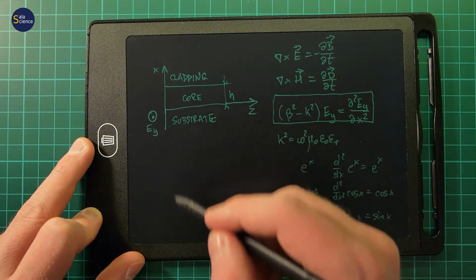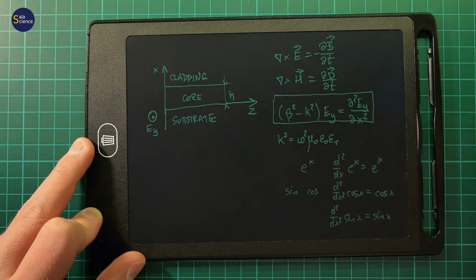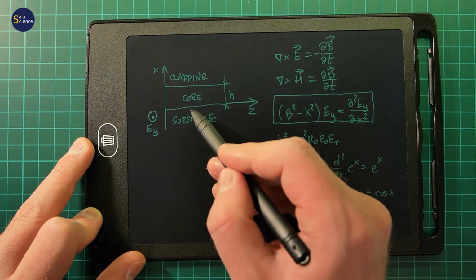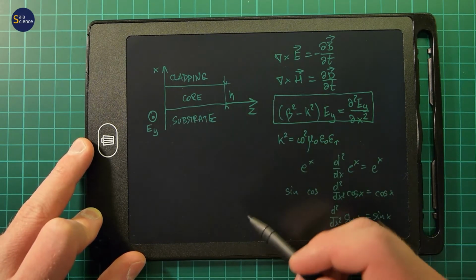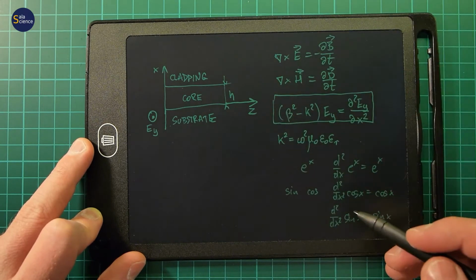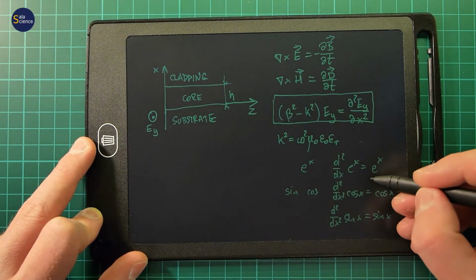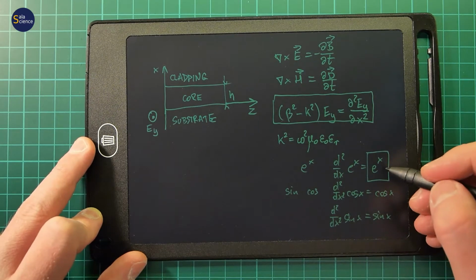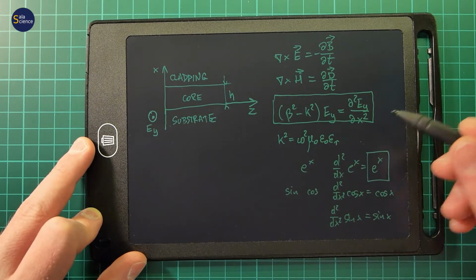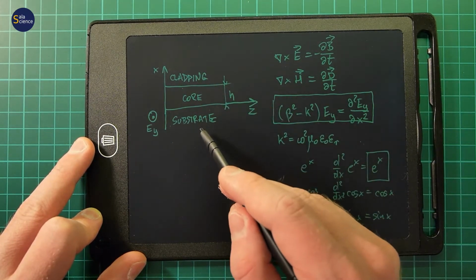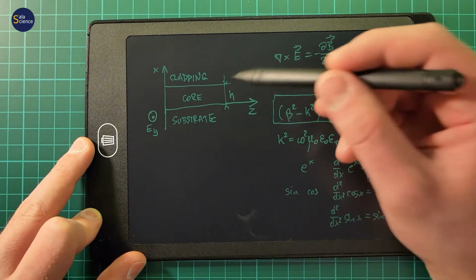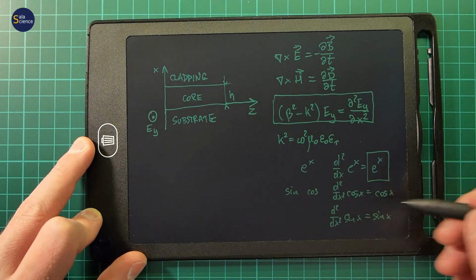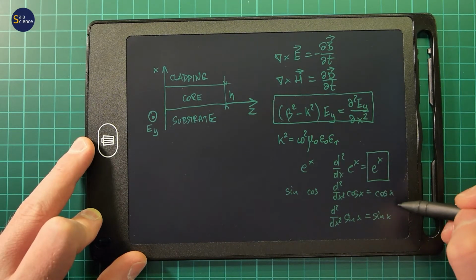We don't expect that the electric field far from the core will have a high value, so we assume that it decays in substrate and cladding. So we can guess that e to the power of x, the exponential function, is a solution in cladding and substrate. In the core, on the other hand, we can guess that it is some linear combination of cosine and sine functions.